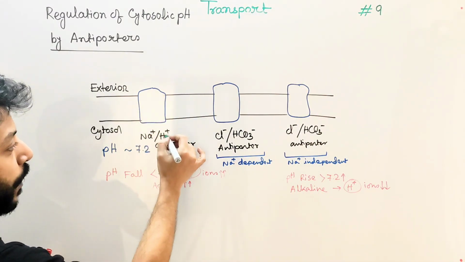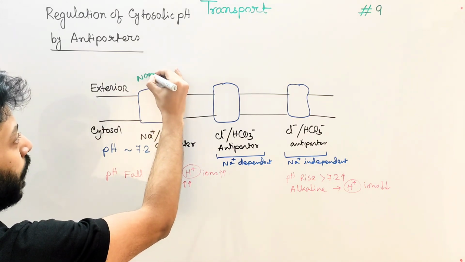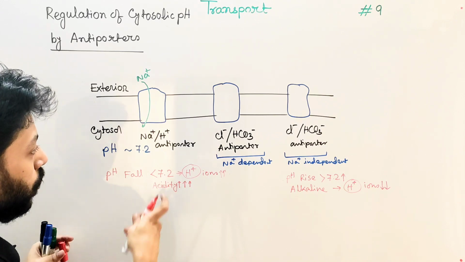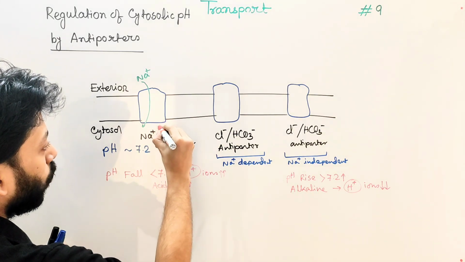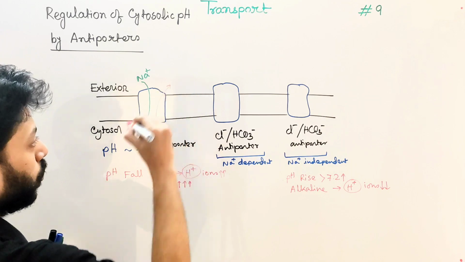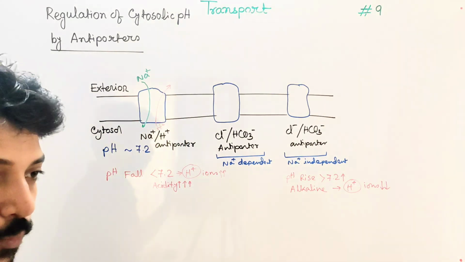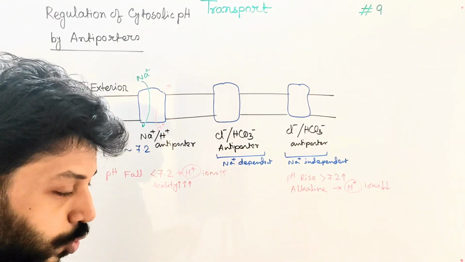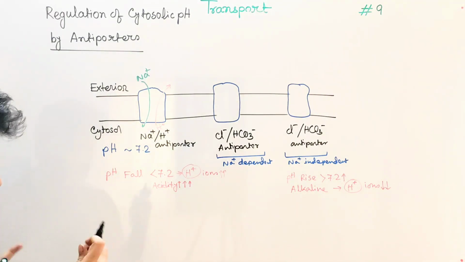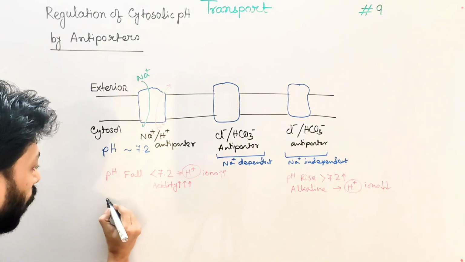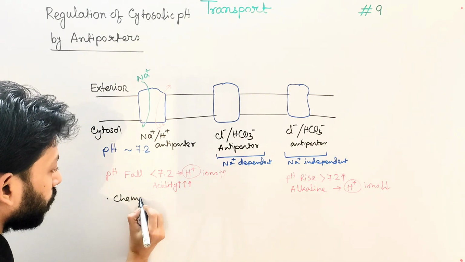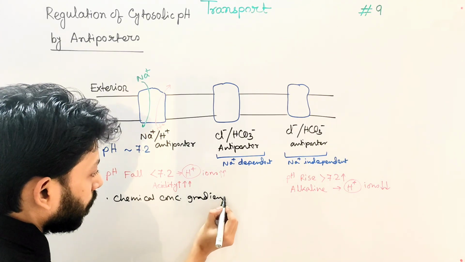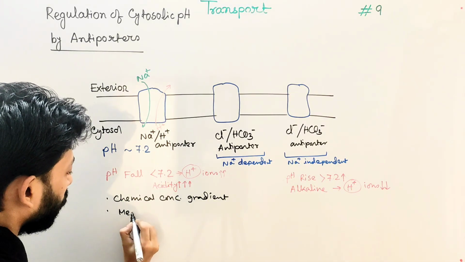Basically, in case of sodium hydrogen antiporter, sodium ions move inside the cell, and hydrogen ions are exported out. Now one thing we have to understand, that this sodium import is driven by 2 factors. One is chemical concentration gradient and membrane potential.